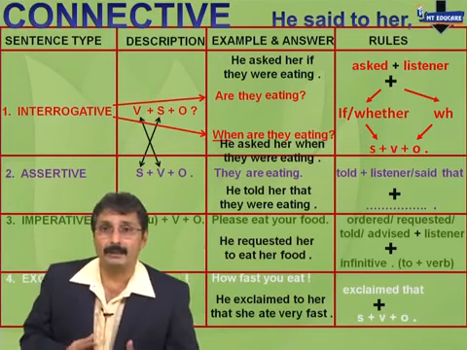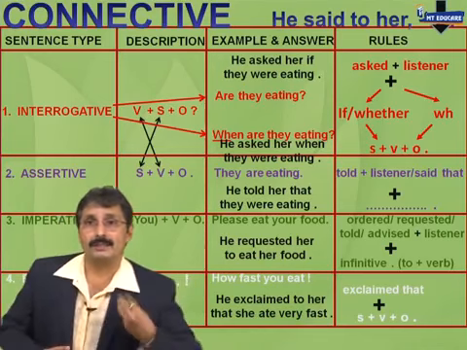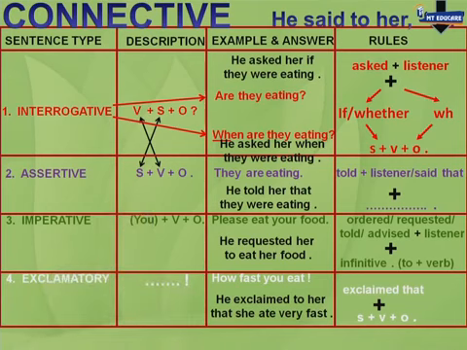Sentence imperative, connective ordered, requested, told, advised, plus to plus verb. Sentence exclamatory, connective exclaimed that, plus S plus V plus O, full stop. And sentence interrogative, connective asked plus listener plus if or whether or WH plus S plus V plus O, full stop.